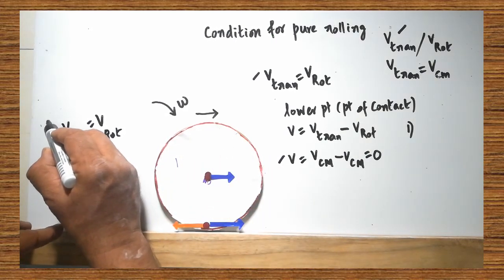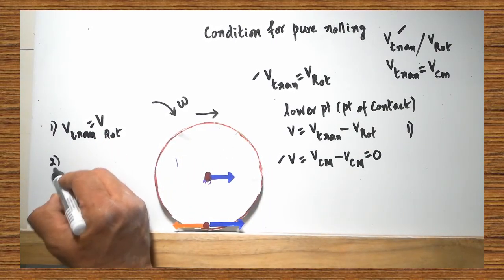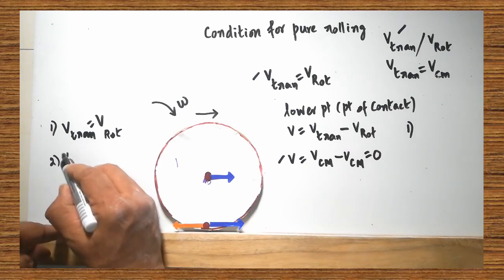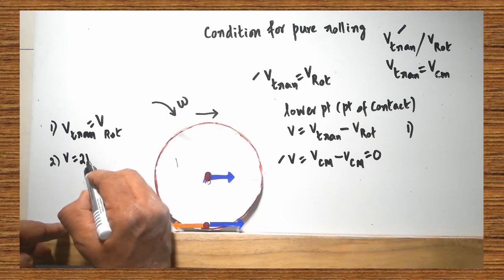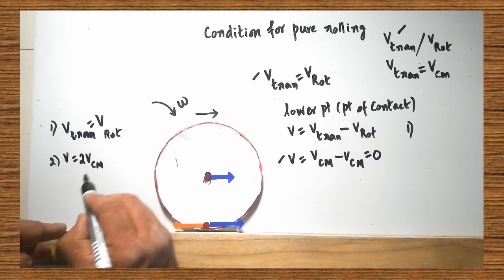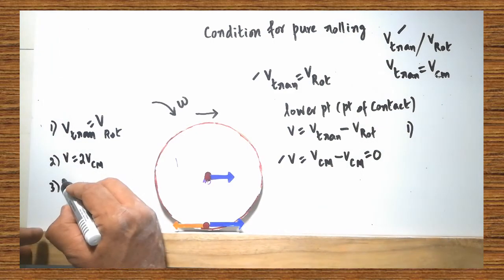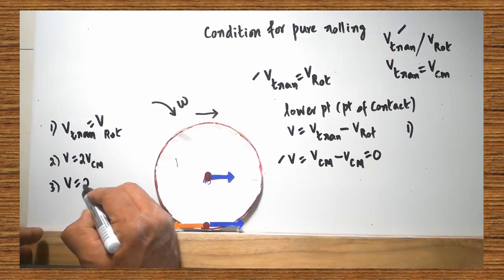This is the first condition. Second condition, if you apply the condition, what will happen? At the topmost point, the resultant velocity will be equal to 2 VCM. Are you clear? The third one is at the bottom point, at the point of contact, the resultant velocity will be equal to 0.